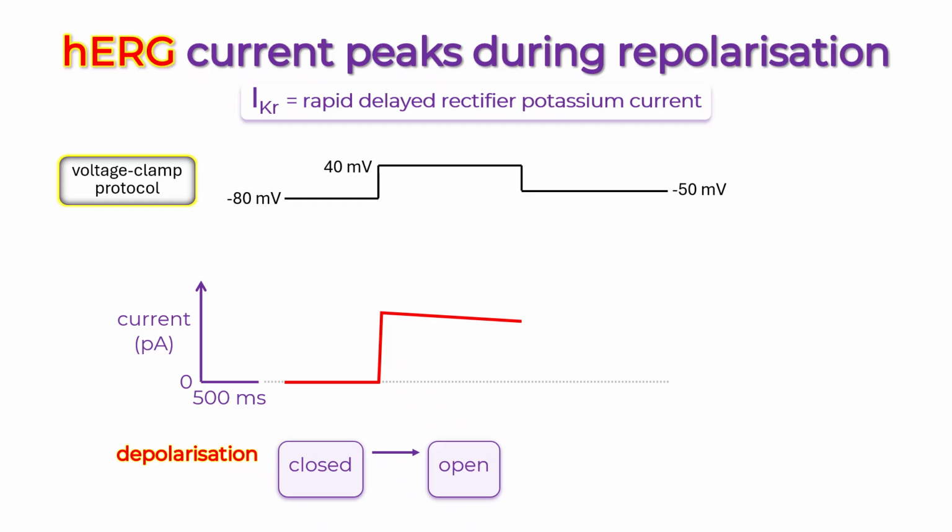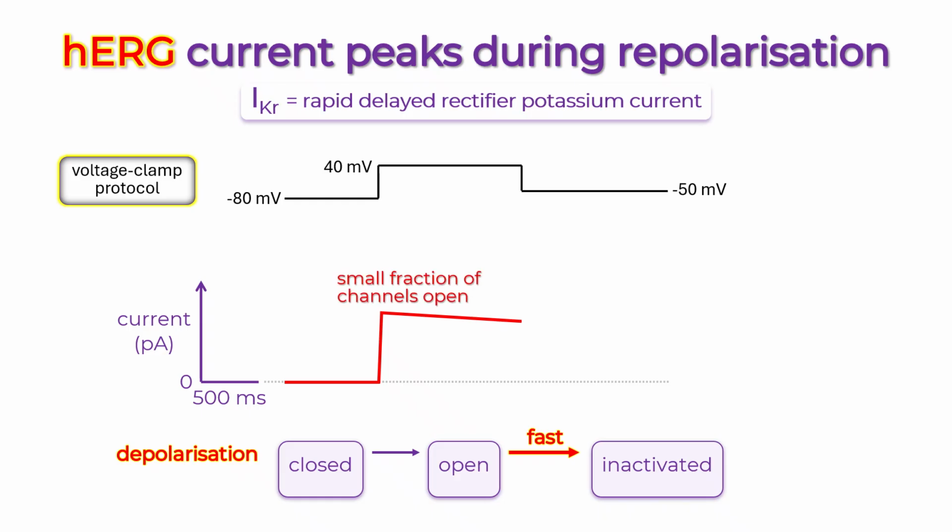But hERG channels inactivate faster than they fully open. The current during the depolarised step is therefore smaller than you might expect because many channels are already in a non-conducting inactivated state. The distinctive event happens on repolarisation. hERG channels recover rapidly from inactivation and briefly return to the open state before closing.